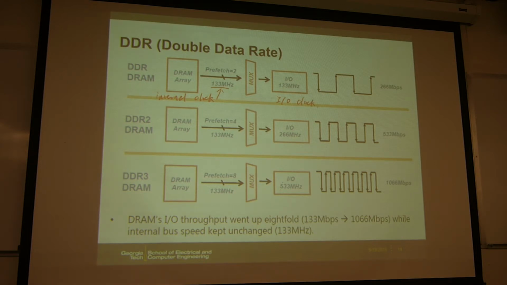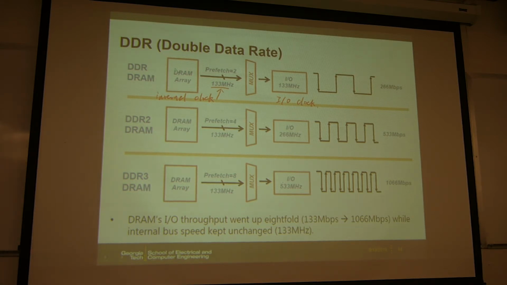So the I/O clock frequency is what you can optimize for. Internally, the DRAM cannot be very fast. We will talk about why that is later. If you look at the DRAM operations later, you need to spend like 40 nanoseconds to read the DRAM cell. That will set the maximum frequency you can have for the internal DRAM array.